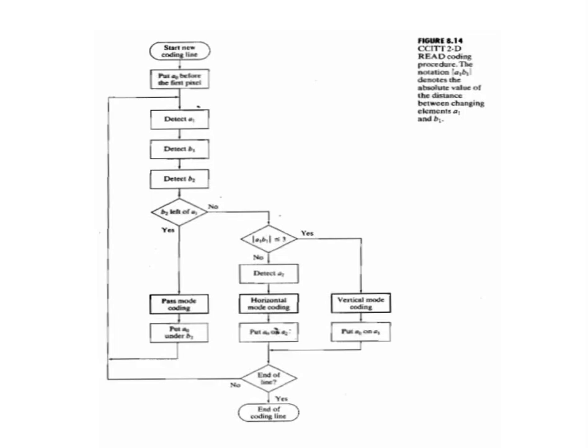Depending on the outcome of these tests, one of three coding blocks in the figure is entered and the appropriate coding procedure is executed. A new reference element is then established as per the flowchart in preparation for the next coding iteration.